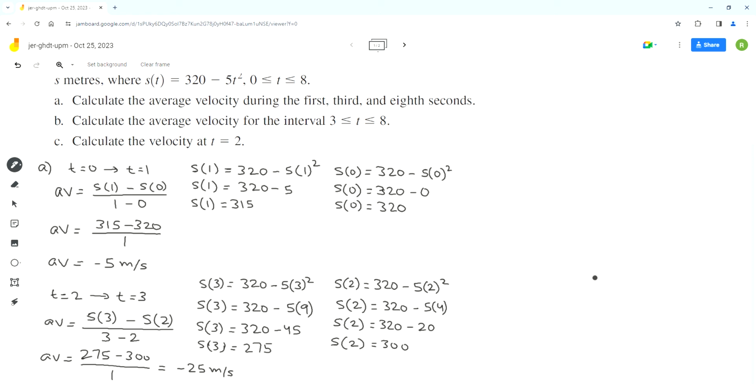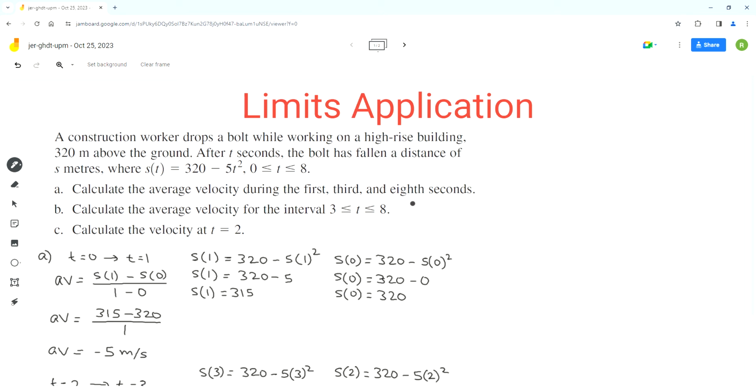Now we can continue with the 8th second. In this case, the average velocity has to be calculated from the beginning of the 8th second, which will be the end of the 7th second, to the end of the 8th second. So that is from t equals 7 to t equals 8.